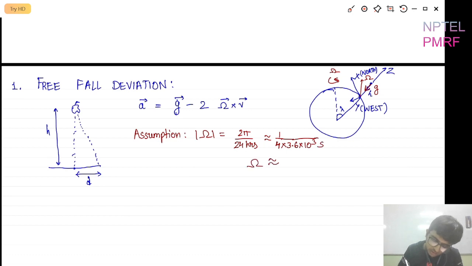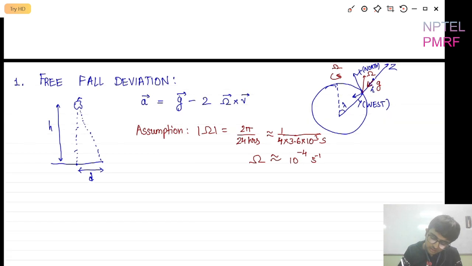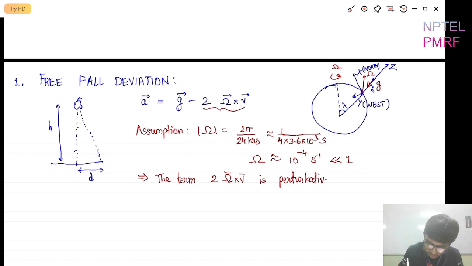So omega is of the order of 10 to the power minus 4 per second, which is very, very small, which means the term 2 omega cross v is perturbative, a small perturbation, right?